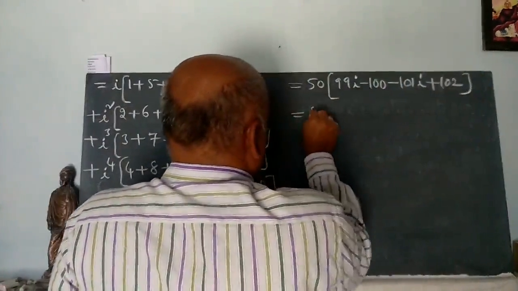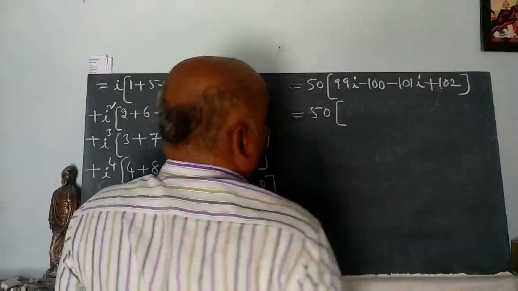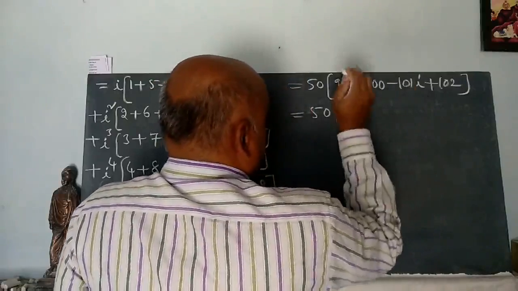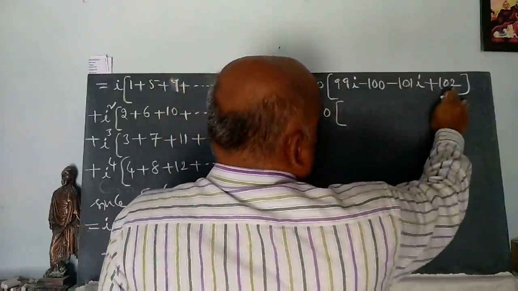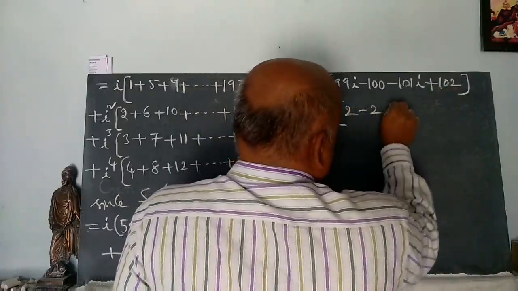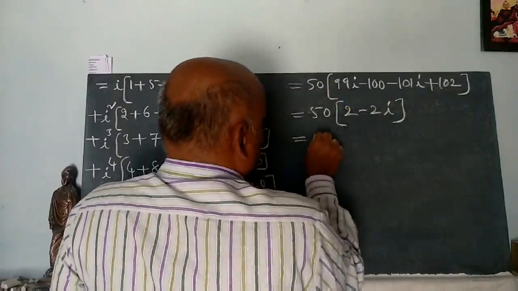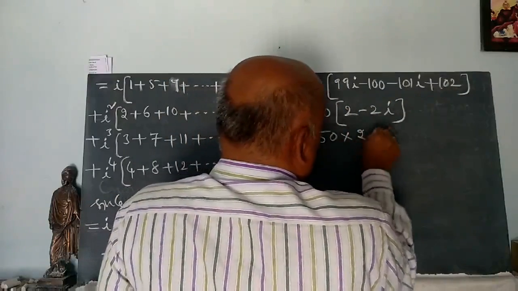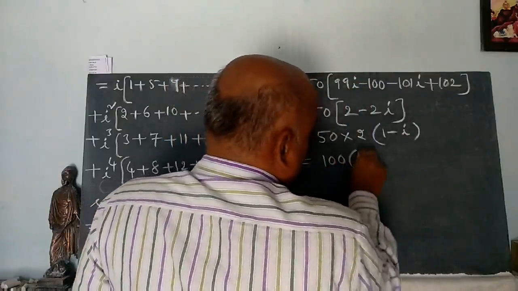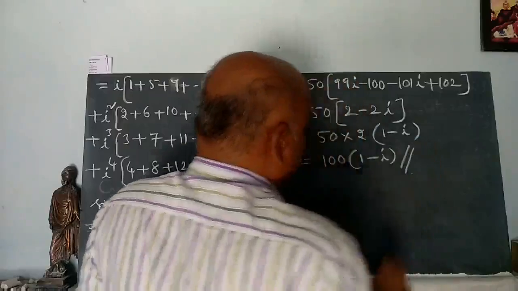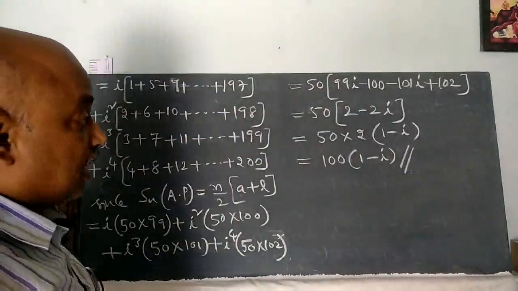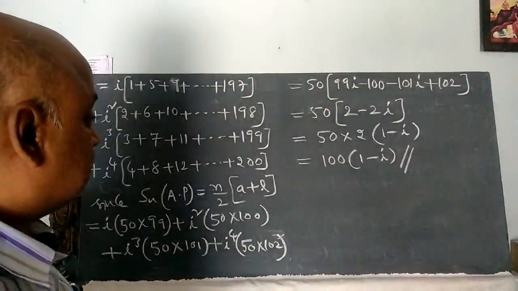This is equal to 50 into minus 101i plus 99i, which is minus 2i, plus 102 minus 100, which is 2. So 2 minus 2i. This is equal to 50 into 2 into 1 minus i, which is equal to 100 into 1 minus i. So this is the required answer for the sum of the given series.